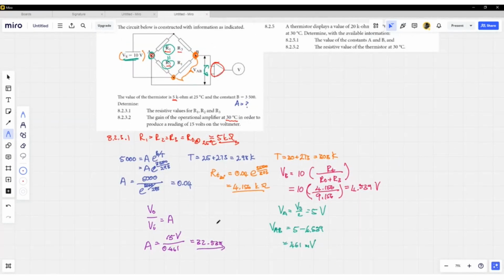There's actually a reason why we use Wheatstone bridges and not just a voltage divider circuit. Resistance is equal to voltage over current.